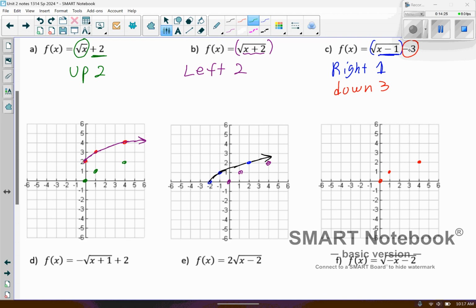And so instead of having to do all the algebra, that's what the transformations are for. So we're going to go right 1 and down 1, 2, 3. Right 1, down 1, 2, 3. Right 1 and down 1, 2, 3. So those are going to be my 3 points. We'll go ahead and connect them. And there we are.